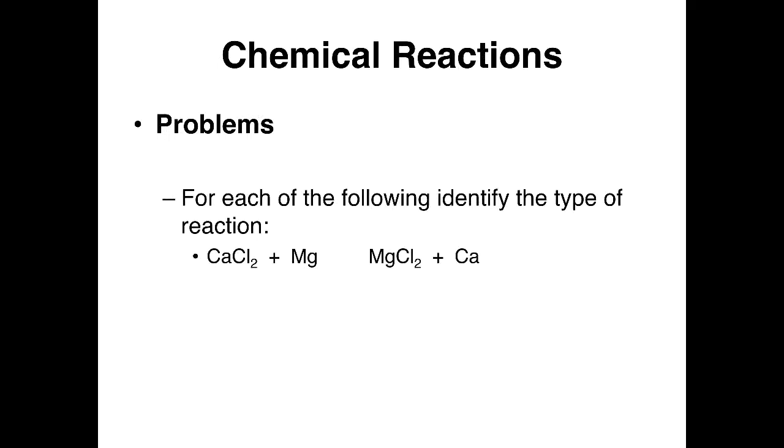So here's the first one. You have calcium chloride plus magnesium goes to form magnesium chloride plus calcium. This is a single replacement reaction. The magnesium is replacing the calcium, and it takes the place of the calcium with the chlorine.